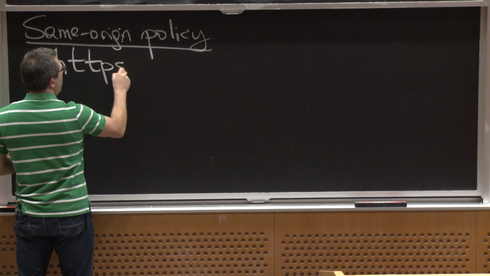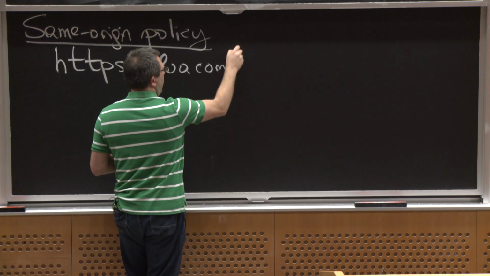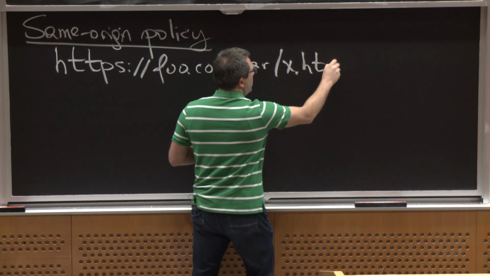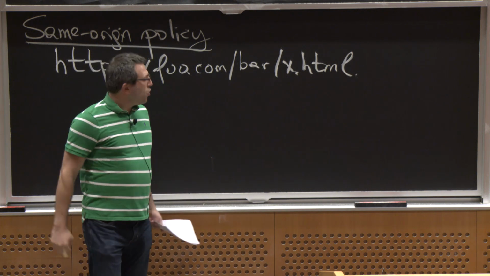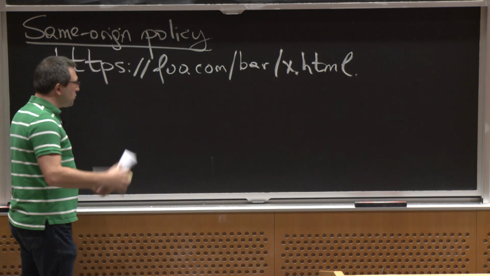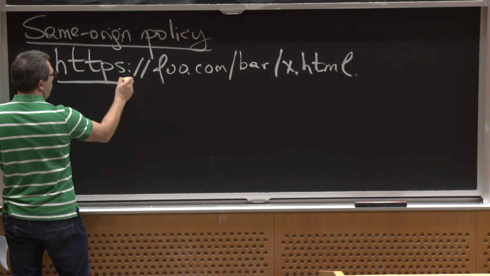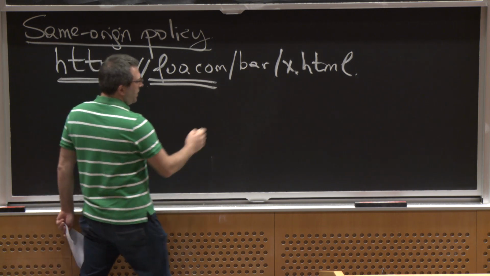So if you have some URL like https://foo.com/bar/x.html, we're going to try to figure out some notion of an origin to capture who this is and who's going to be allowed to operate on this. So the origin is going to extract the protocol scheme, https, the domain name, foo.com, and the port number.